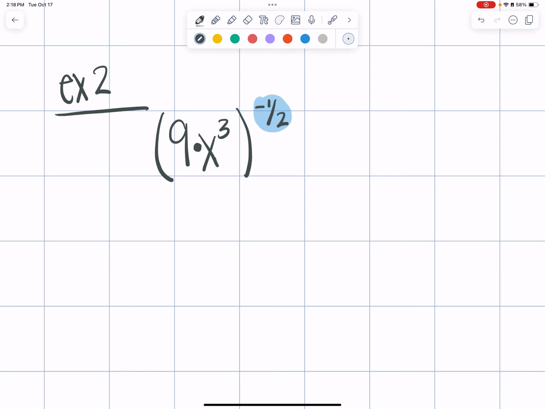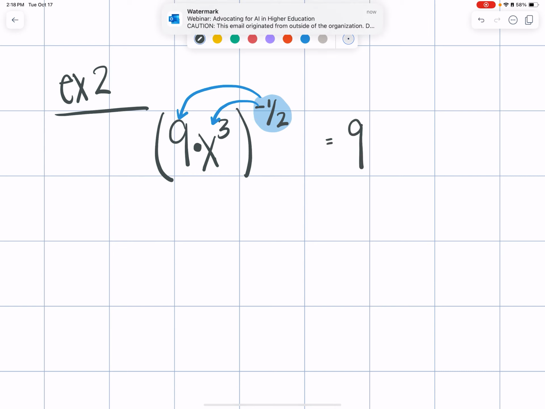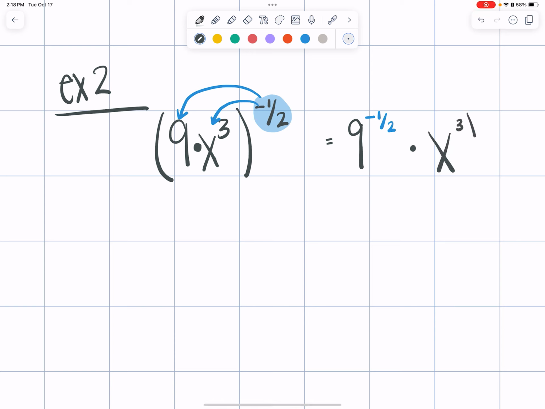Power of a product is kind of like our quote-unquote distributive rule, which says that I can give each of these things inside its own exponent. So 9 to the negative 1/2 times x to the 3rd to the negative 1/2.